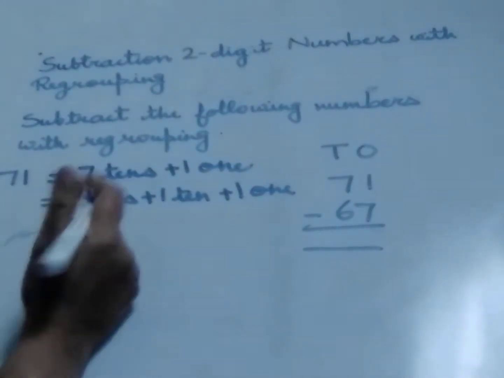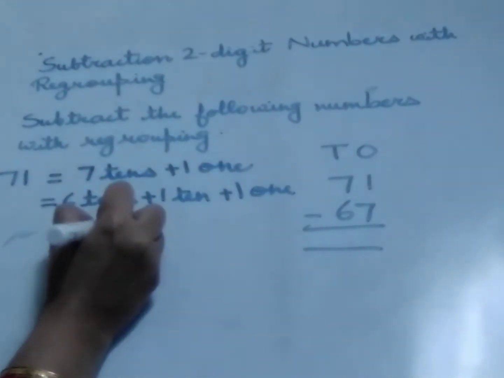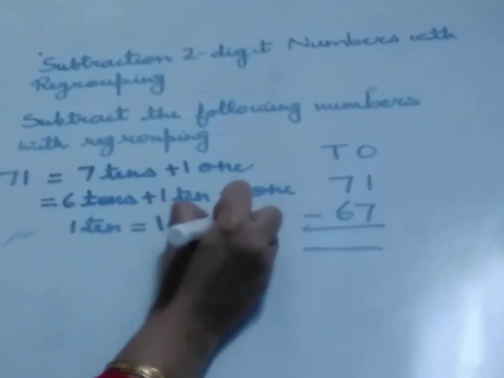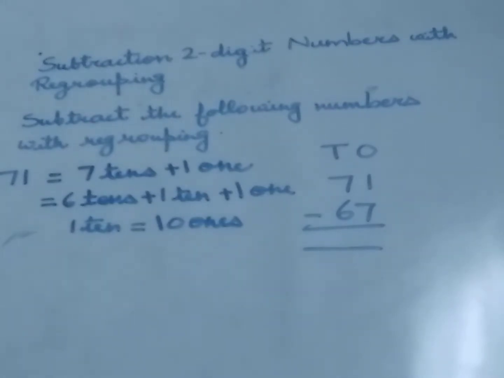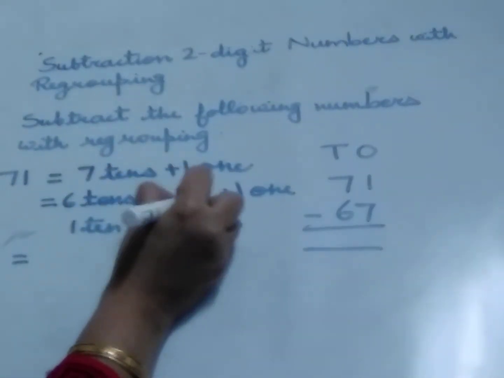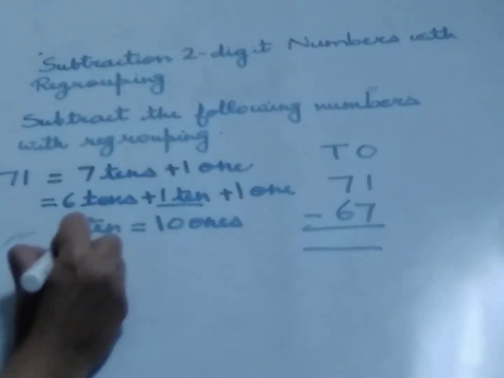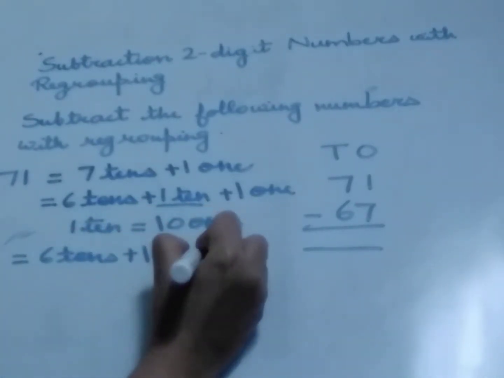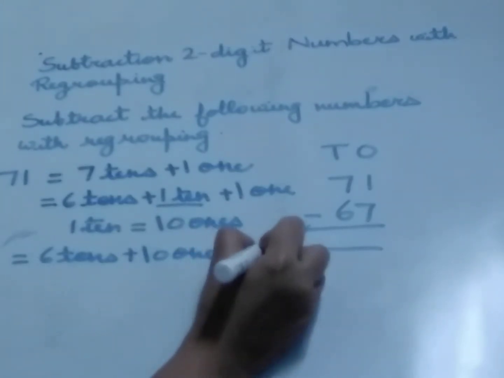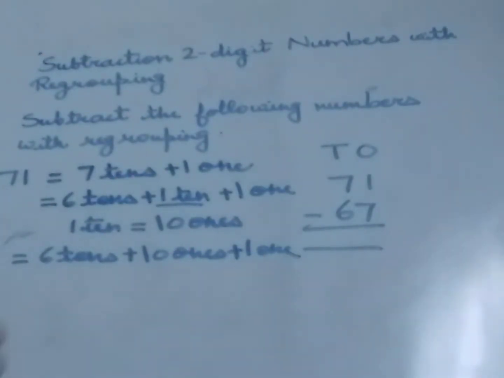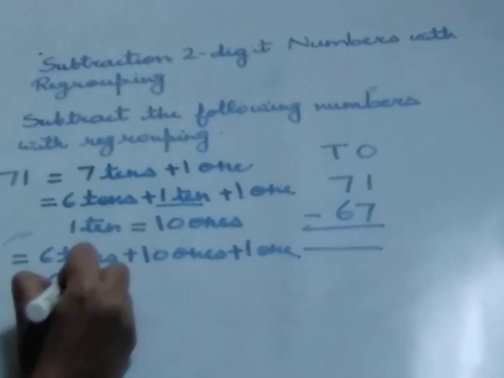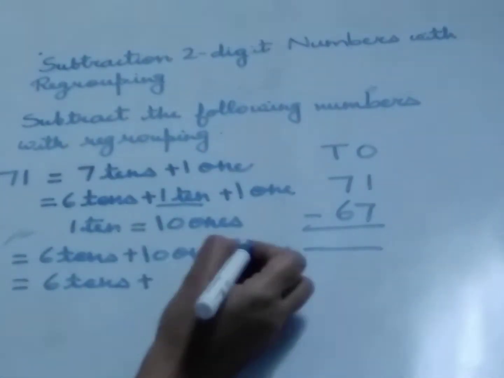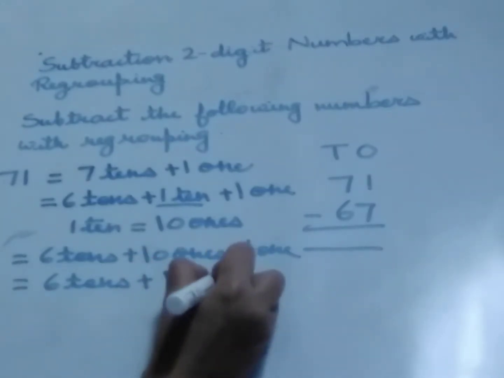Now you know 1 ten, either you can write 1 ten or you can write 10 ones. Both have the same meaning. So in place of 1 ten write 10 ones: 6 tens plus 10 ones plus 1 one. Add them, this gives you 11 ones.